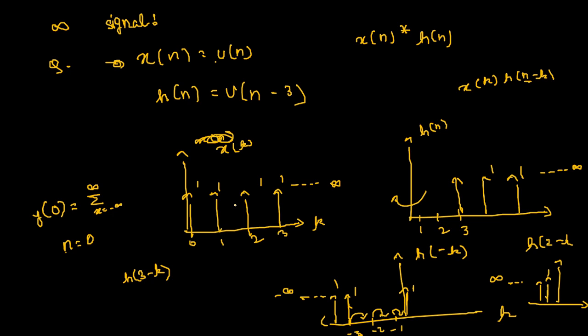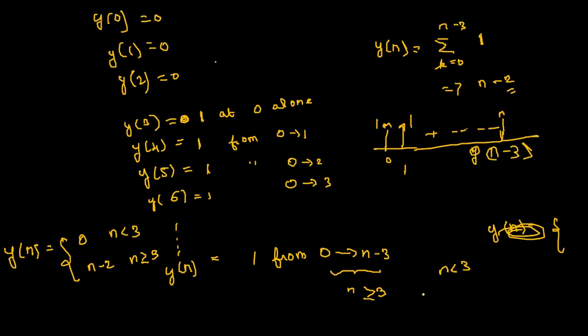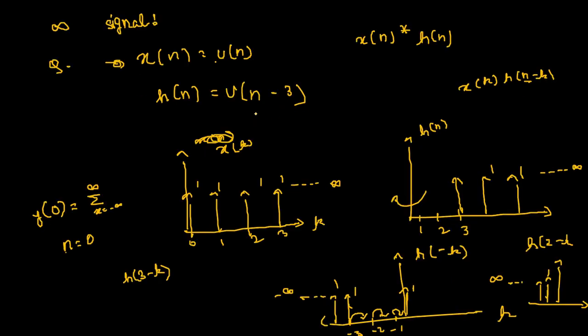So now that we have a common region, when we multiply these two, we'll get a graph which has only 1 at the origin and 0 everywhere else, right? So the value of y of 3 is 1 at 0 alone, right? So now when I time shift it by 2 units, I'll have 1 at 0 and 1 at 1. Those are the two common regions, right?